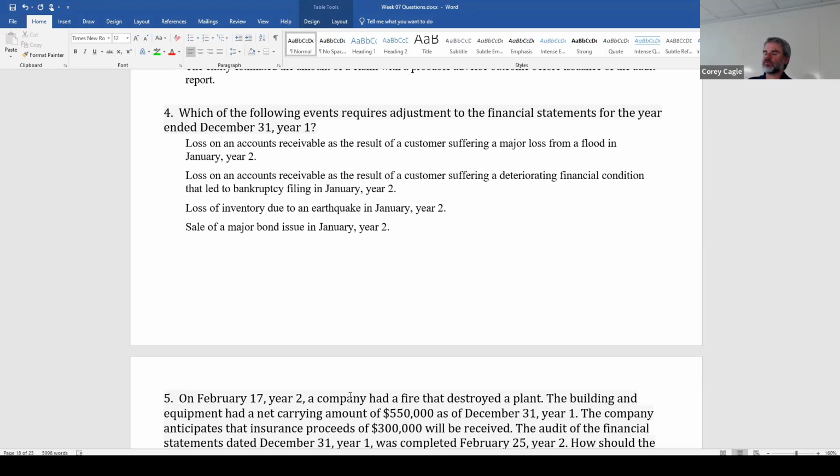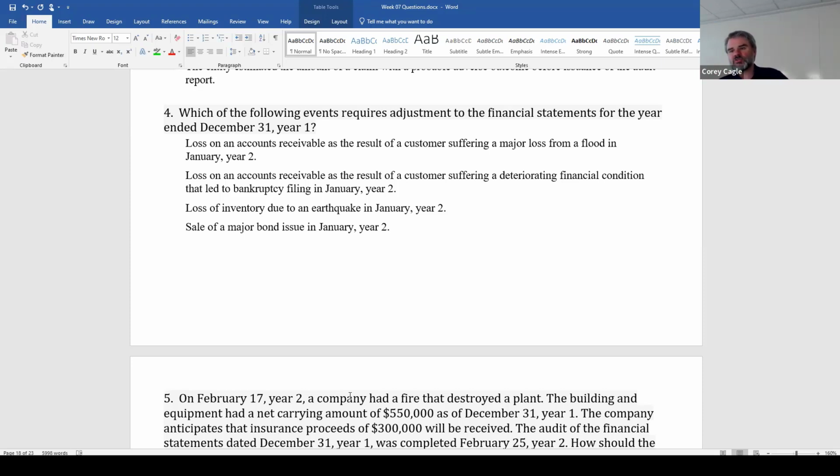Which of the following events requires adjustment to the financial statements for the year ended December 31st, year 1? We would only adjust if the information relates to things as of that year end, right?